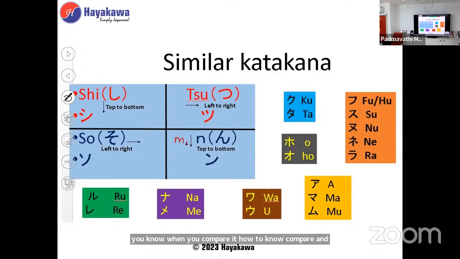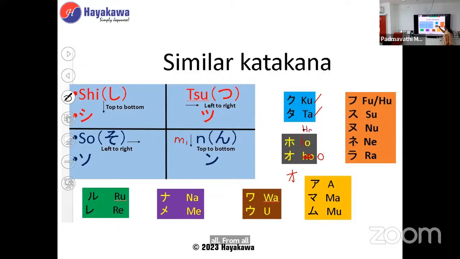Then you must know ku and ta, because from ku, when you put an extra stroke, that becomes ta. And o and ho. This is ho, this is o. Ha plus o gives you ho.